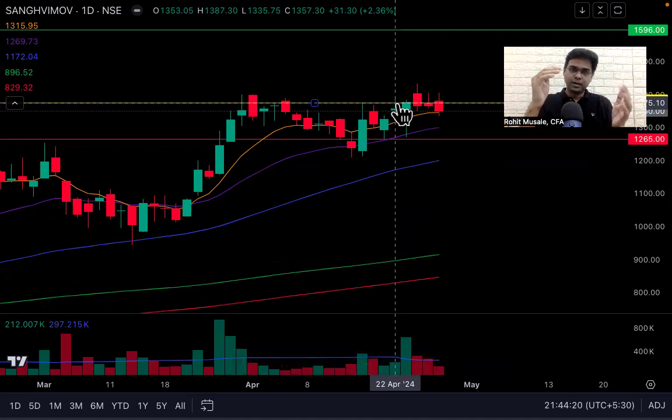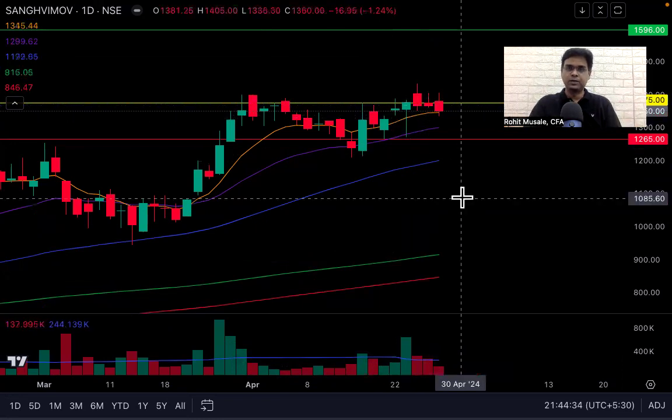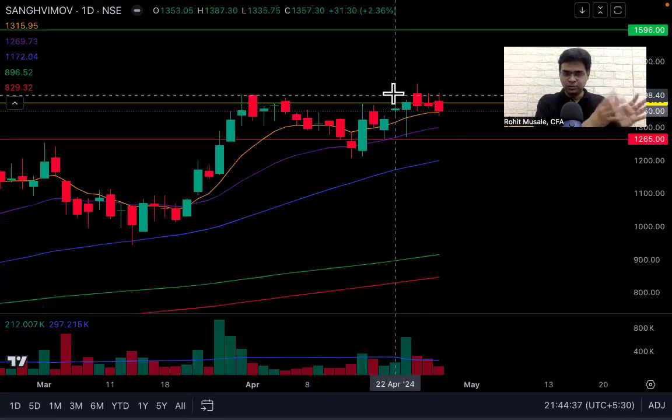So my loss is not 1.64. My loss is half of 1.64, which is roughly 0.8% loss, correct? And to measure the actual loss that I incurred, that would be 3.125%, which is my position size, multiplied by 1.64, which is the loss that I had to incur.